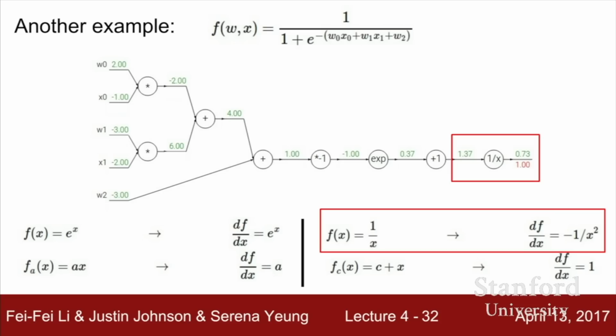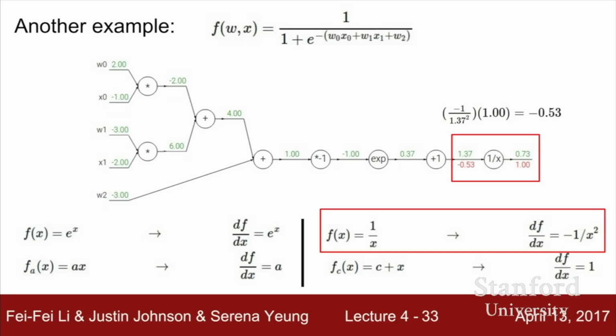Well, in this case, we know that the upstream gradient coming down is this red 1. And now we need to find the local gradient. The local gradient of this node is 1 over x. So we have f of x equals 1 over x here in red, and the local gradient, df over dx, is equal to negative 1 over x squared.